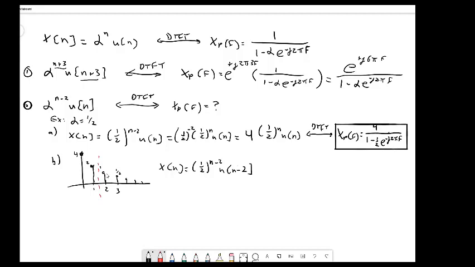I still have these other 2 points, so I can add those in. Plus 1/2 to the n is 1, delta sub n minus 1, to pick up this one. And 1/2 to the n equals 0, delta sub n to pick up this one.